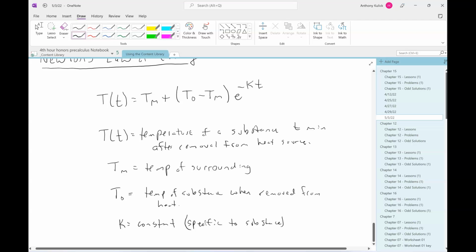So if you cook a grilled cheese sandwich and make some soup, and you pour your boiling soup into a bowl and take your grilled cheese sandwich off the stove and wait a minute, you can probably eat your grilled cheese sandwich, but the soup still burns the bejesus out of your mouth. Different rates of cooling, because different substances have a different constant of cooling, right?